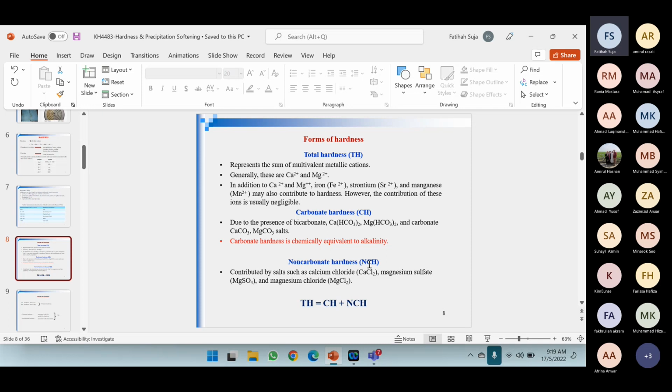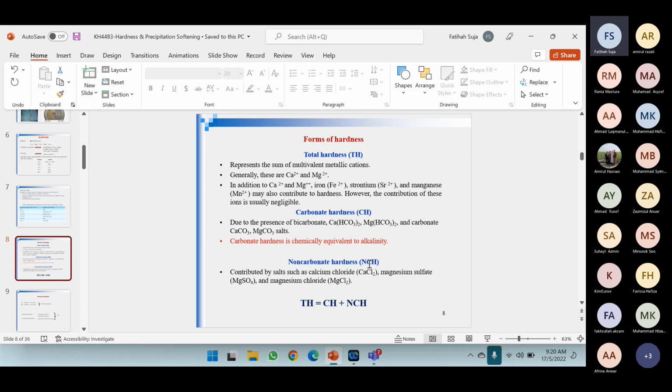If you don't have this alkalinity in your system, then if something happens or you get some input from the influent to your treatment unit, the pH will automatically fluctuate very fast, so you know that your system is not stable.